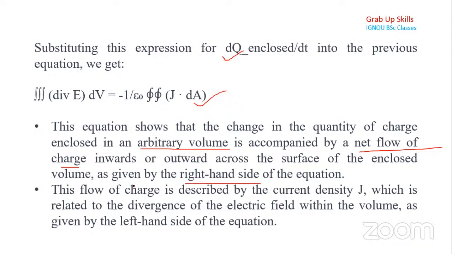This flow of charge is described by the current density J. What is it related to? It is related to the divergence of electric field within the volume, which is given by the left hand side of this equation, right?